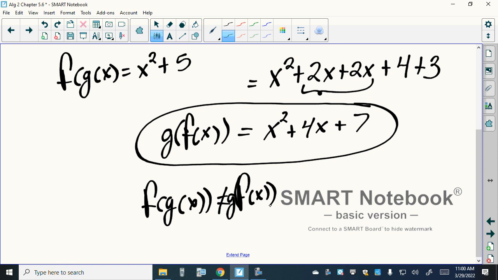There are a select group of functions that these actually are the same. And if it does work out that these are the same, it's going to equal x. And we'll dig into this and exactly how they actually equal x tomorrow when we start talking about 5.7.